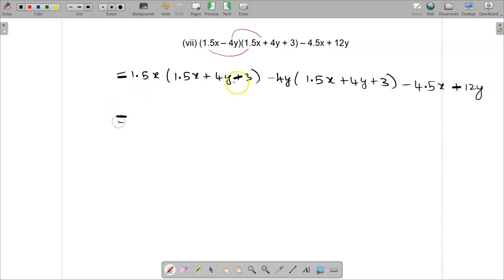And then first I need to simplify these terms. So 1.5x I have to multiply with all the three terms available. Similarly, minus 4y I have to multiply with all the terms available within the bracket.